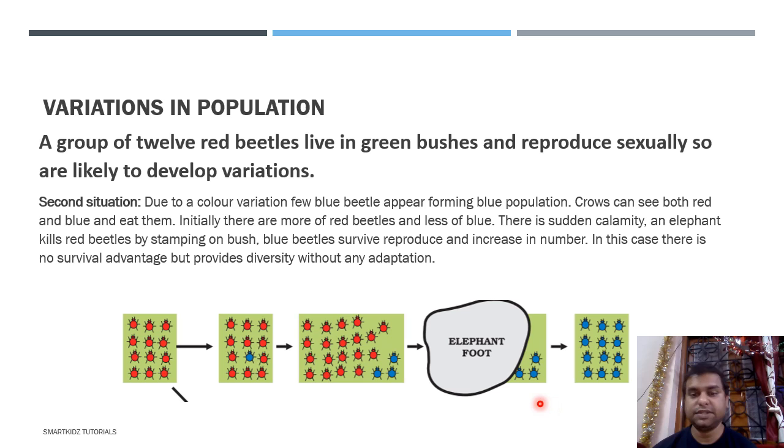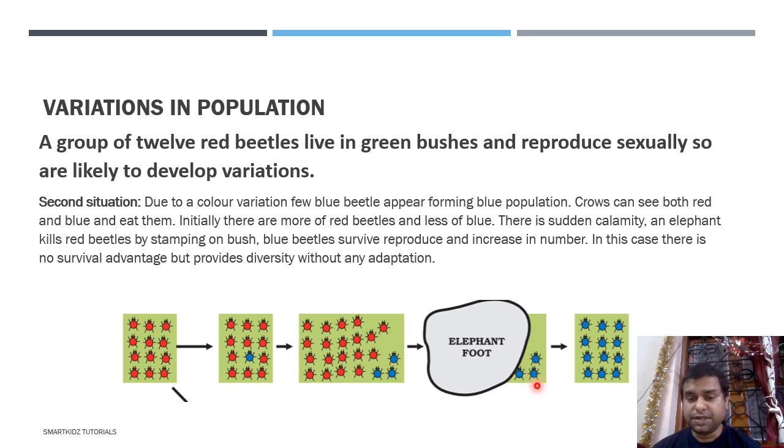Just considering this scenario, the majority of the beetles that were occupying this bush were red. And since they were in majority, these red beetles got killed, or in other words, got eliminated.